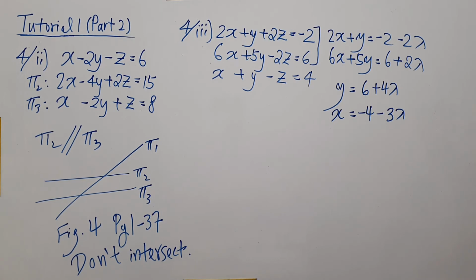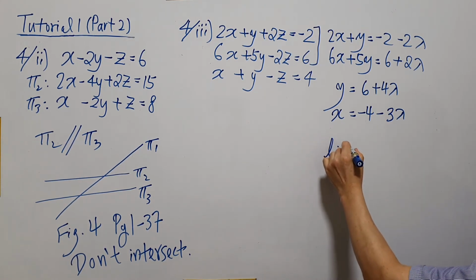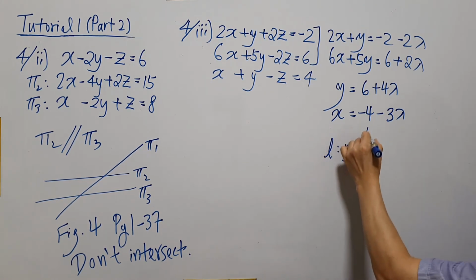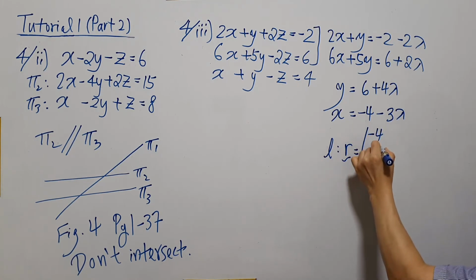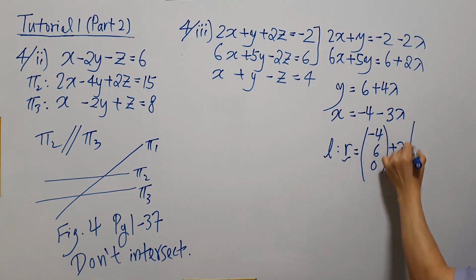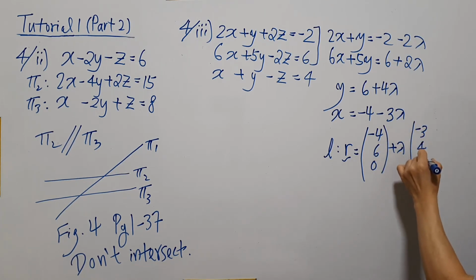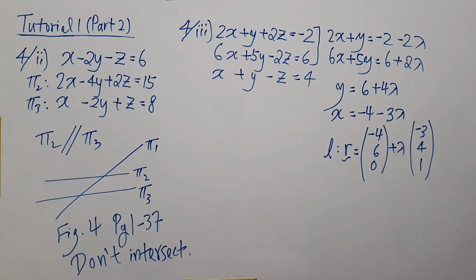Yeah, I think it should be correct. So therefore, the intersecting line between the first two planes ought to be minus 4, 6, 0 plus lambda of minus 3, 4, 1.